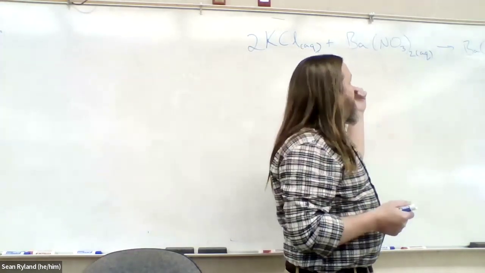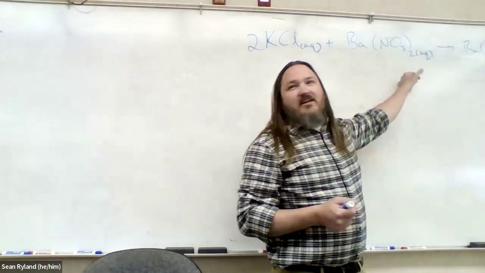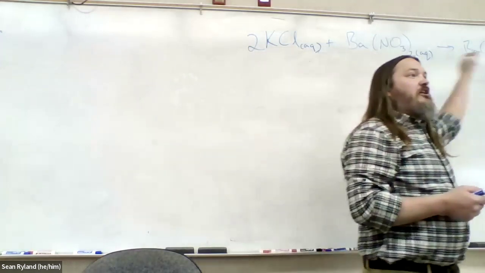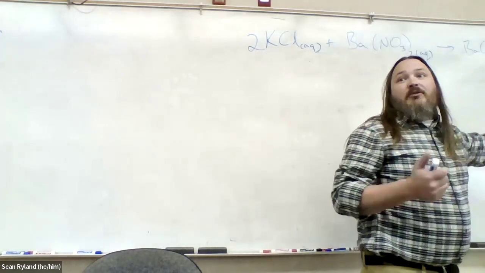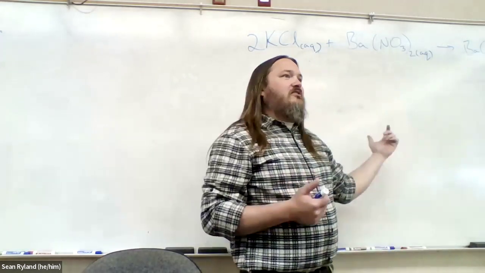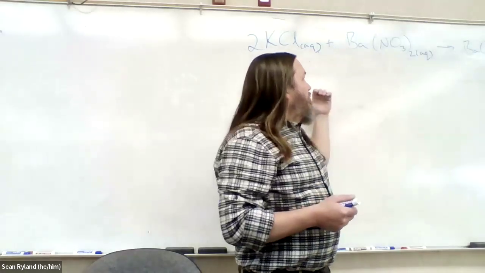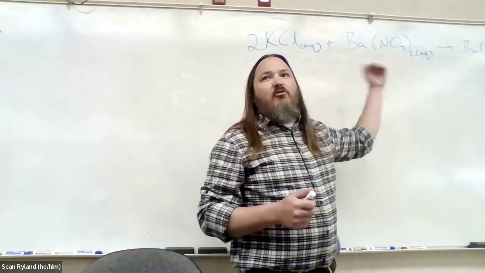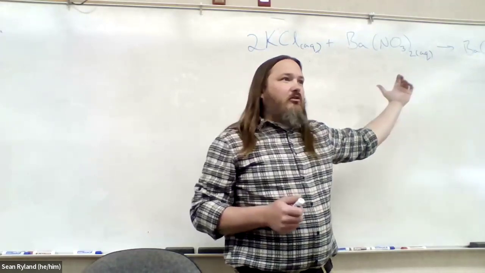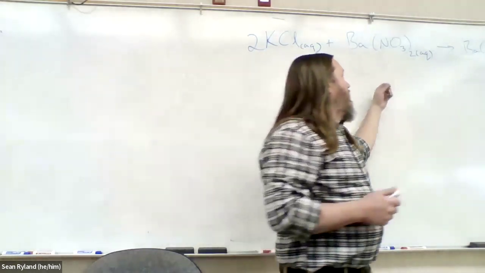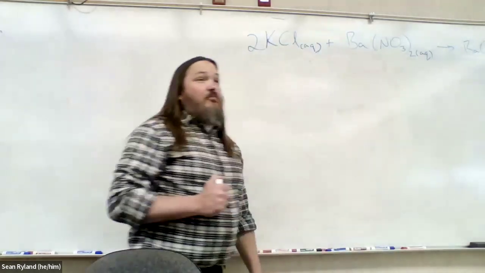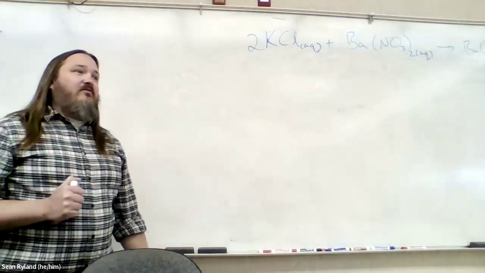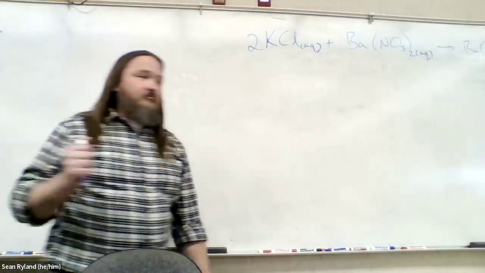Because all of our nitrogens and oxygens are only present as nitrate, so nothing about it is changing between the two. It's a non-redox reaction. So we should see all the same pieces before and after. They might look a little bit different, but that speeds things up. We can just count nitrates instead of counting oxygens.